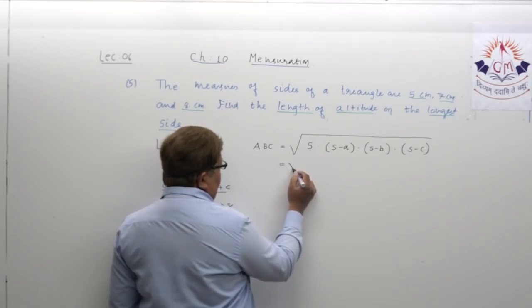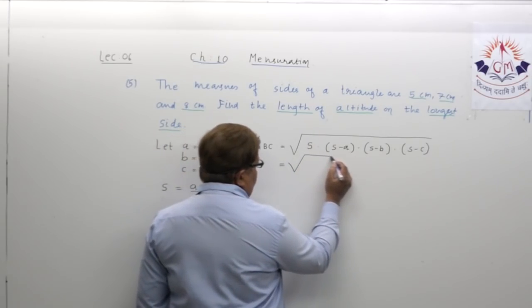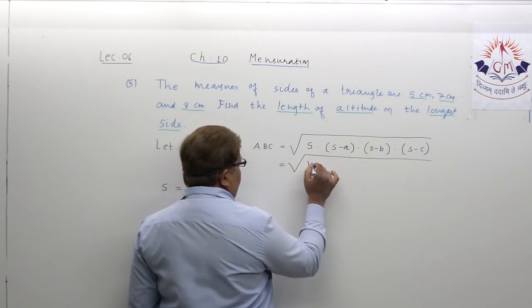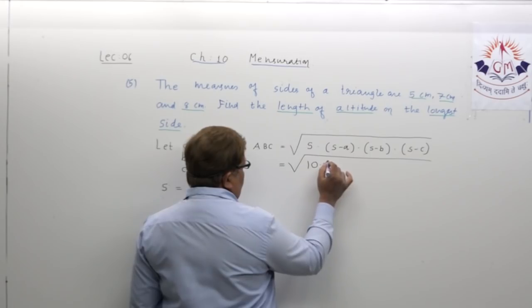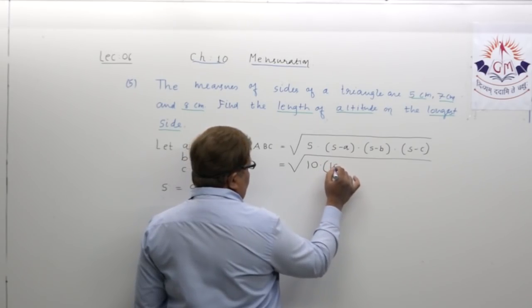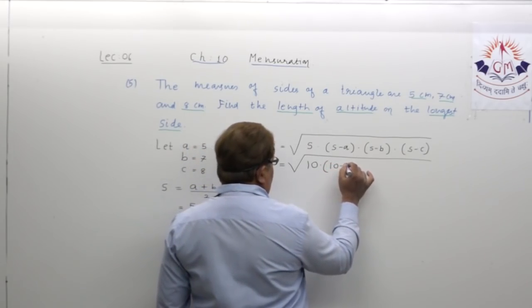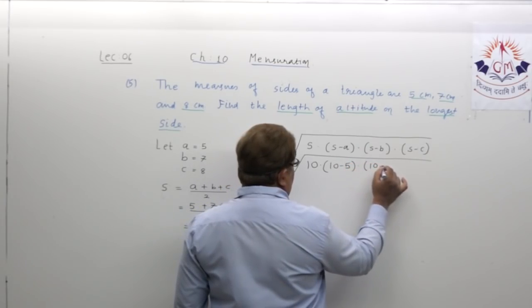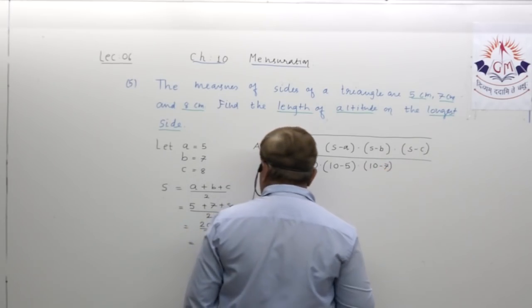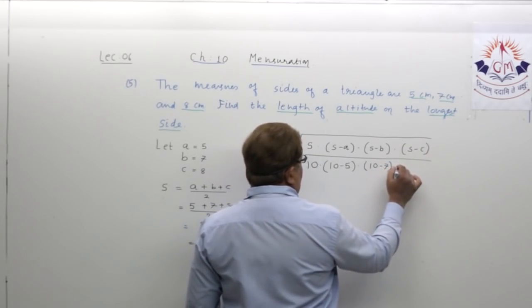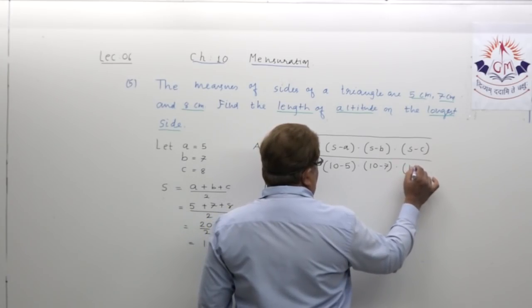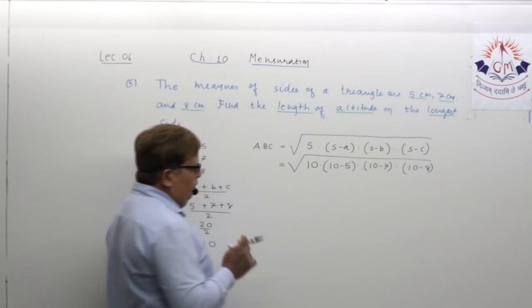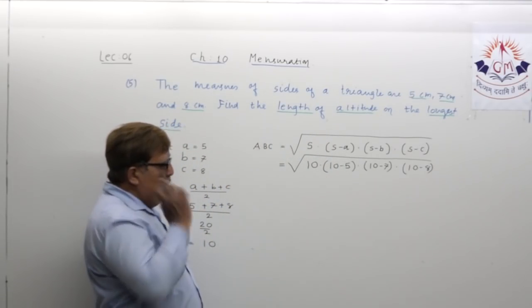Let us substitute the values. What is semi-perimeter? 10. s minus a, 10 minus 5. s minus b, 10 minus 7. s minus c, 10 minus 8. Okay.